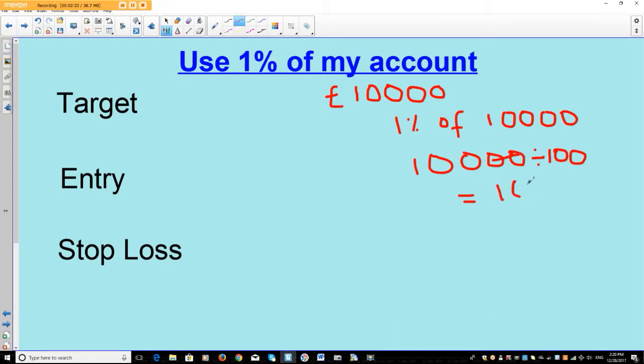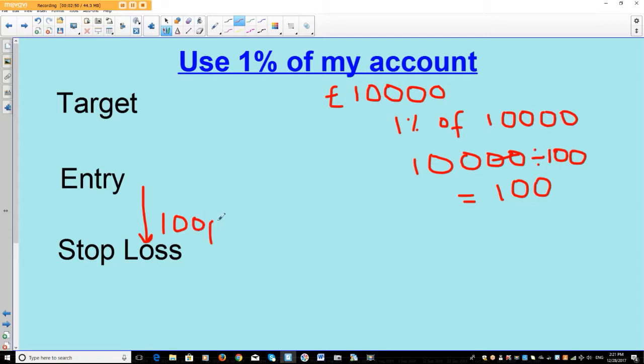So our risk per trade is £100. That's how much we're going to risk per trade. Now if we risk 5% overall, that's £500. But say we're going to risk £100. In terms of pips, say we had a stop loss of 100 pips.